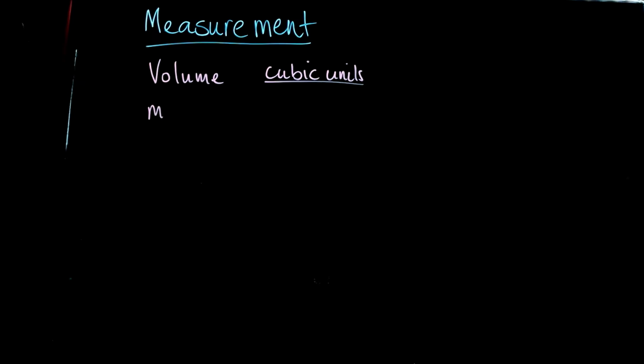We need to write, if we're working in millimeters, we need to write millimeters cubed, centimeters cubed, meters cubed, and kilometers cubed. Now, there might be some questions asking us to convert to liters. I'm not sure. But if that happens, we need to remember that 1 cubic meter is equal to 1,000 liters.